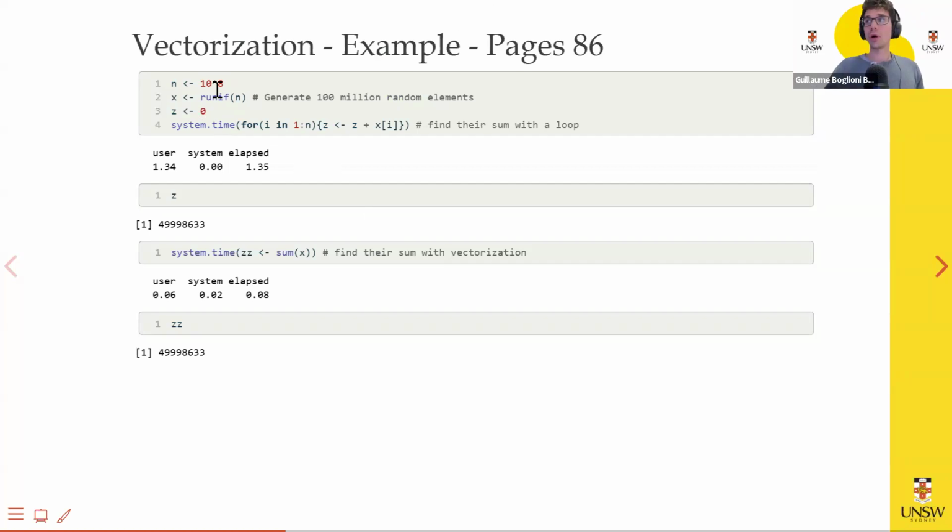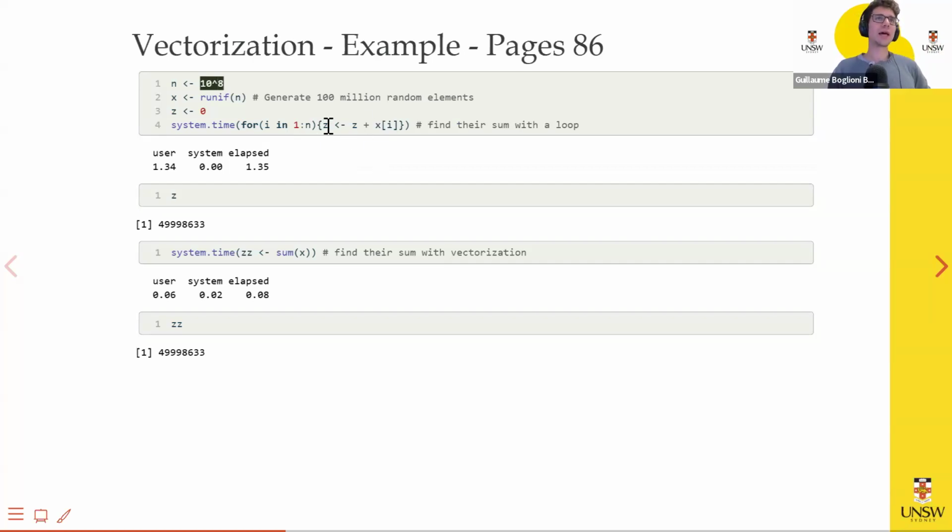And then we just want to sum all those elements. Now, we do it in the inefficient manner of using a for loop. So for all the elements in the vector x, from 1, 2, 3 up to n, and n again is this huge number, 100 million.